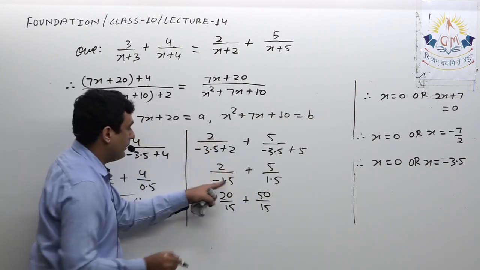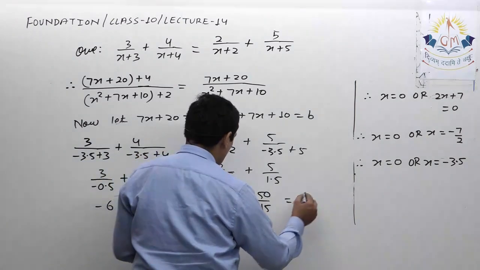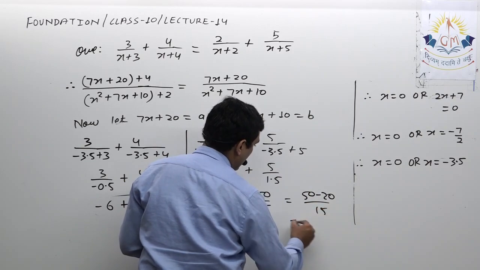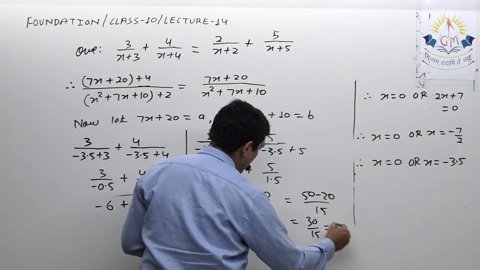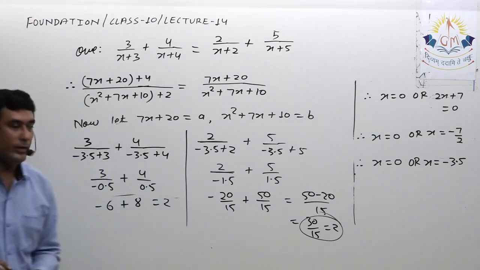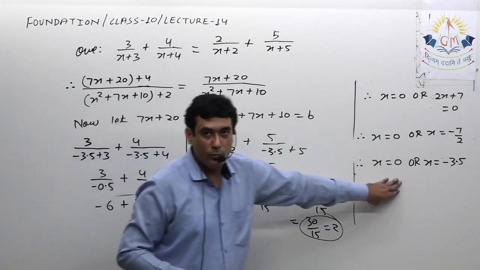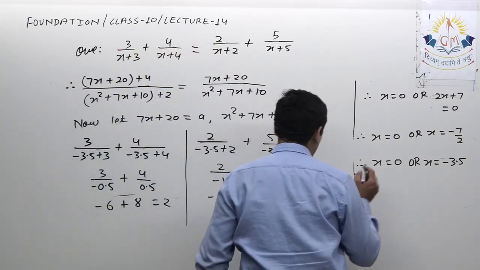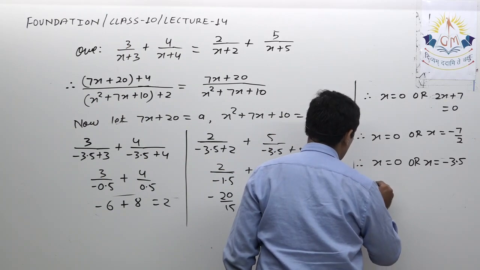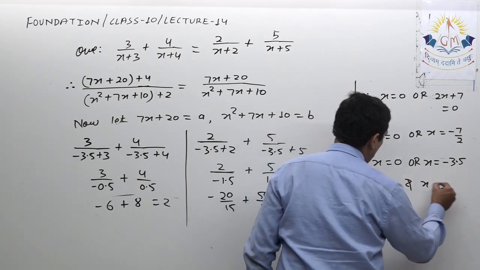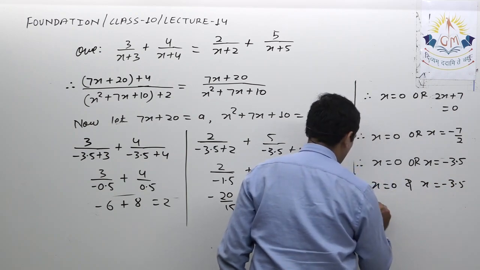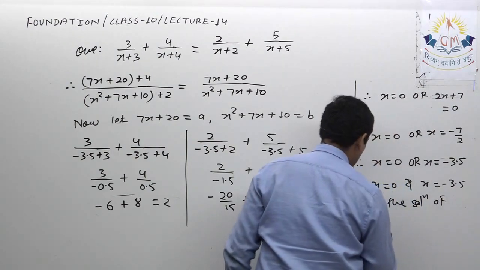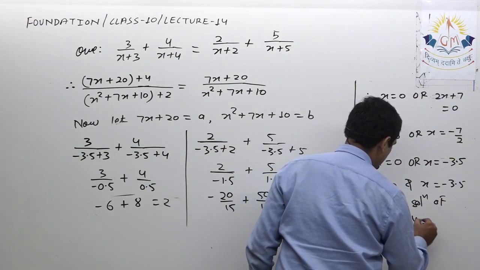I just removed the decimal, so this will become 50 minus 20 upon 15, that is 30 upon 15, that is again 2. Yes, so here both values, x equal to 0 and x equal to minus 3.5, are correct for the given equation. So I will conclude that x equal to 0 and x equal to minus 3.5 are the solutions of the given equation.